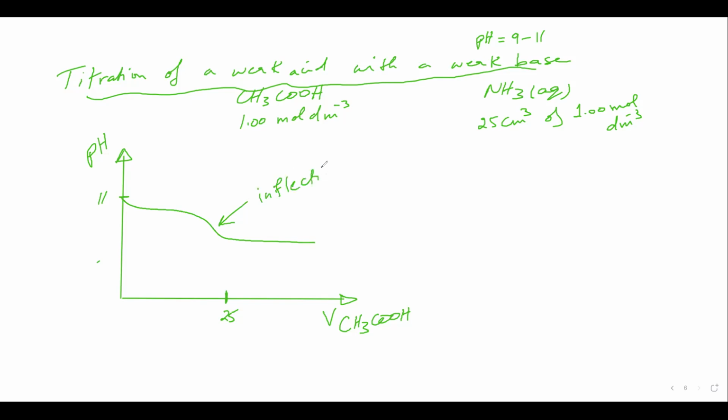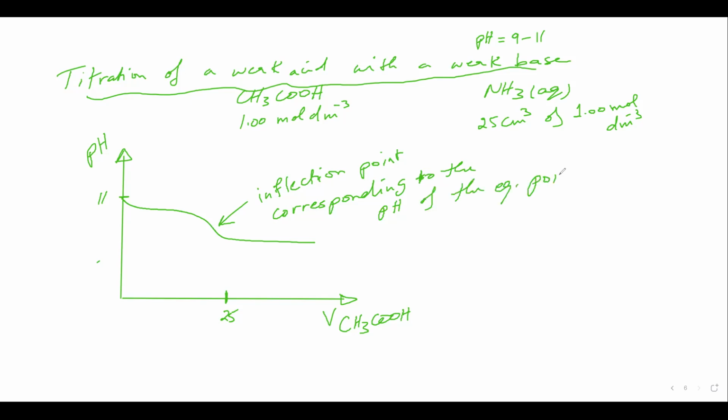There will be only an inflection point. Inflection point means changing from something to another thing. But here we are starting with a weak base and ending with a weak acid. There will be no steep line here. There will be only an inflection point corresponding to the pH of the equivalence point.